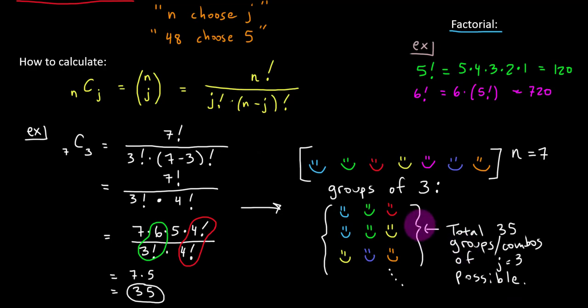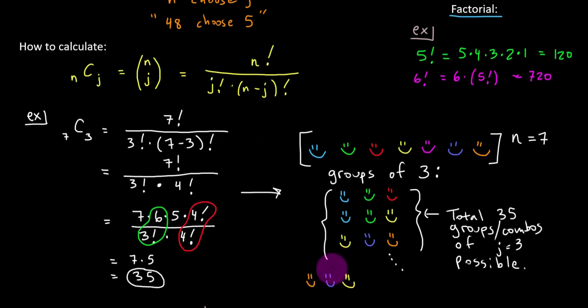So that's what a combination is. It's the number of unique groups that are possible from a larger group of a specified size. Now, earlier I mentioned that a combination is without regard to order. So right here what I'm circling is a group of 3. However, notice it is a simple rearrangement of this group of 3: yellow, dark blue, and orange.